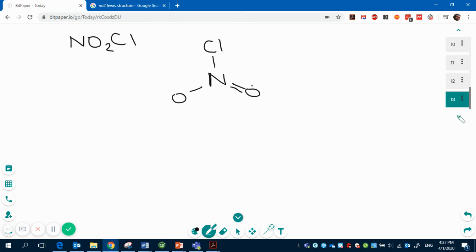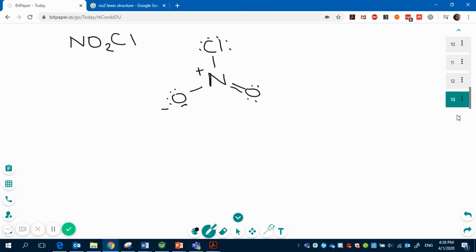So we're going to have plus and minus. So the bond angle here is going to be around 120. Maybe not exactly. There is some resonance, and it will be trigonal planar.